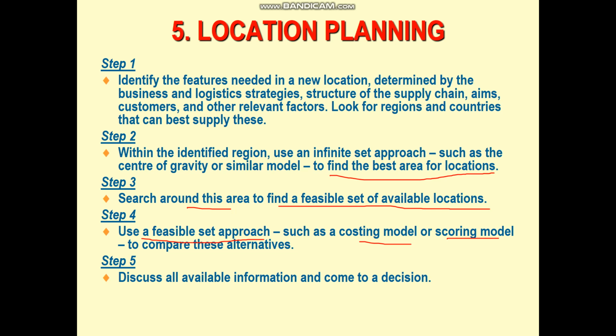Finally, you discuss all available information and come to a decision where you should locate your new facilities. So a good location planning combines both the infinite set approach and the feasible set approach.